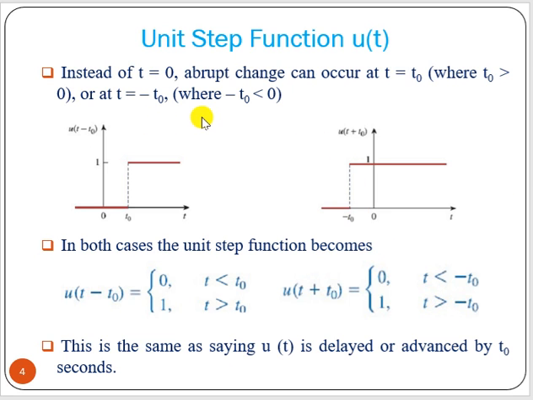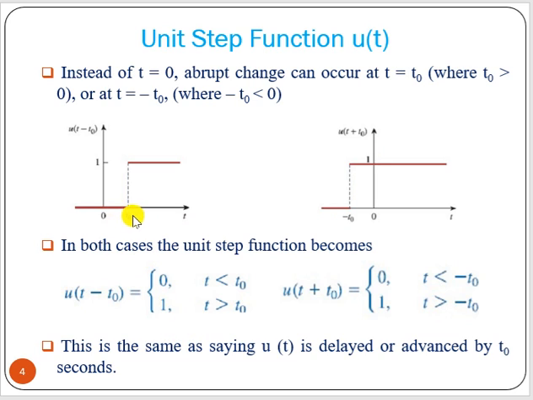And again we can have a shifted version of the unit step function u(t). Instead of t equal to 0, the abrupt change may occur at t equal to t0 or at t equal to minus t0. Now if we write u(t minus t0), that means if you put t minus t0 equal to 0, then t equals t0.